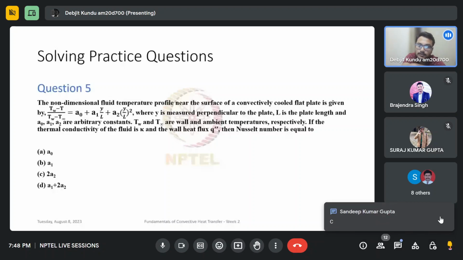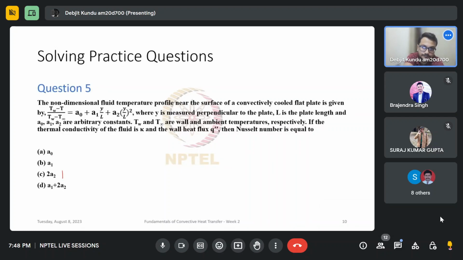Okay, we have one answer in favor of option C, 2A2. Let's see what others have to say.